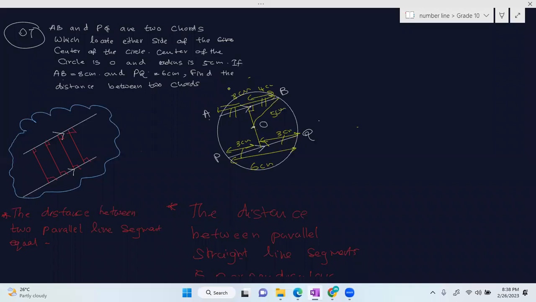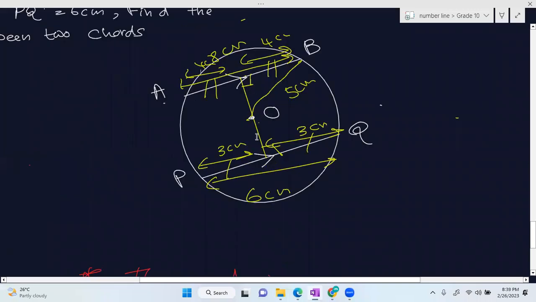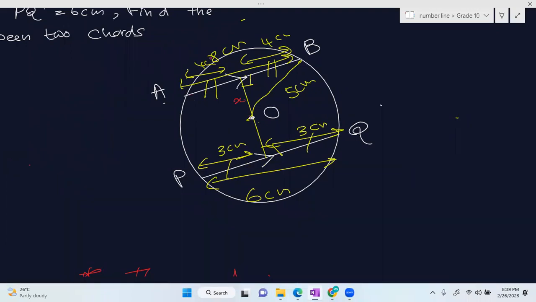Find the distance between the chords. To find it, if we consider the distance from AB to O as x and from O to PQ as y, you have to find x and y separately.